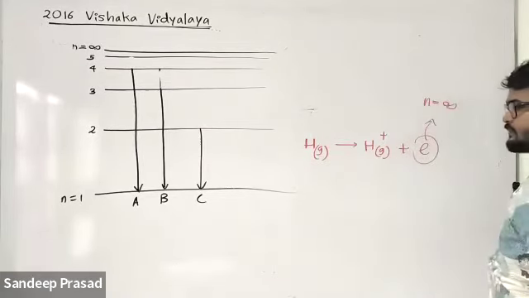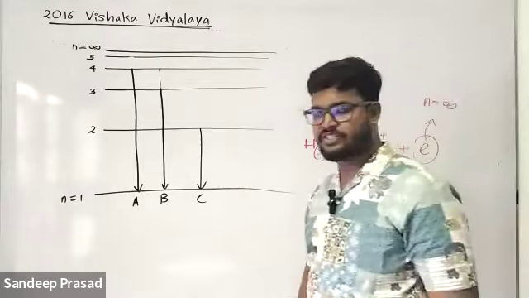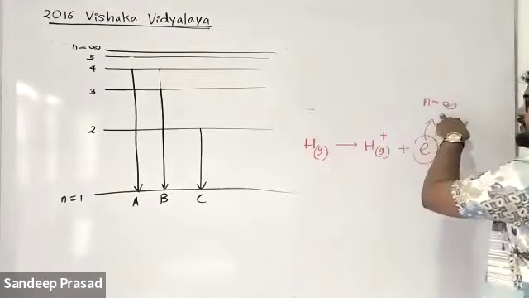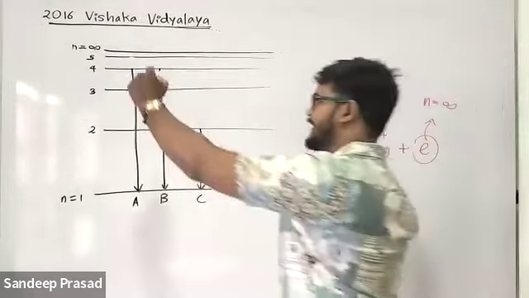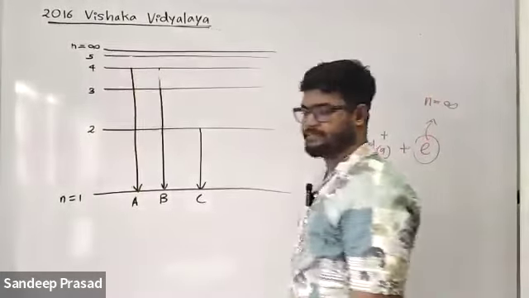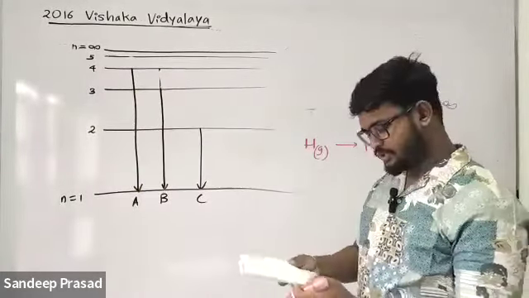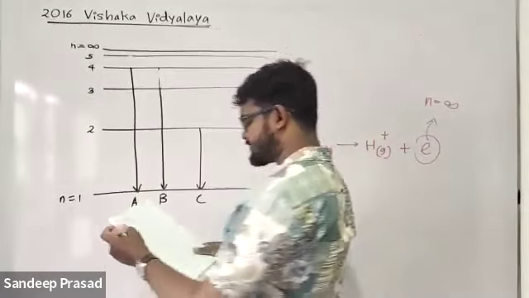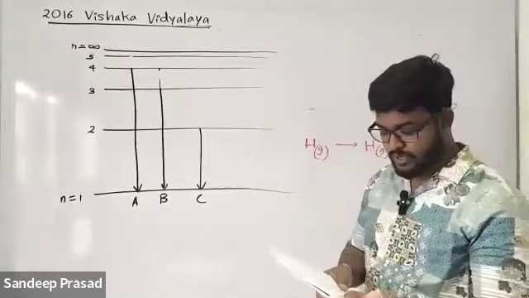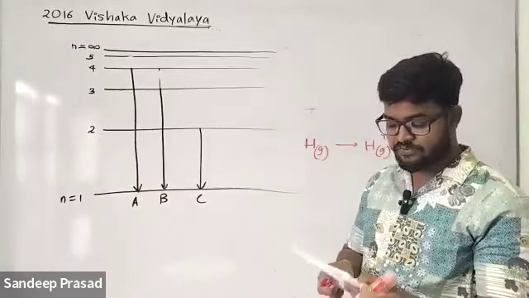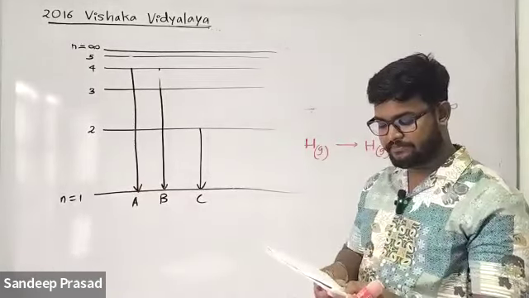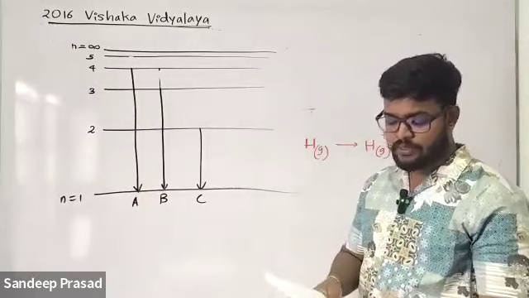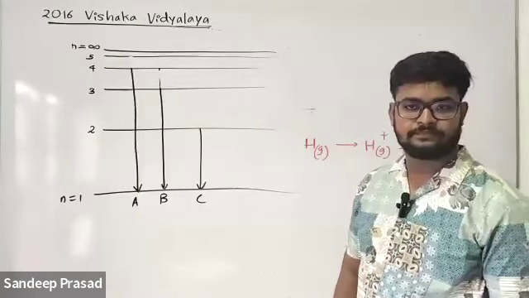Remember, students, if they ask about ionization, definitely this electron goes to the infinity level. That's why in this diagram they have given infinity. Can you understand? So look at this one. Draw the electron transition relevant to first ionization of hydrogen in diagram 1 using an arrow, label it as P.